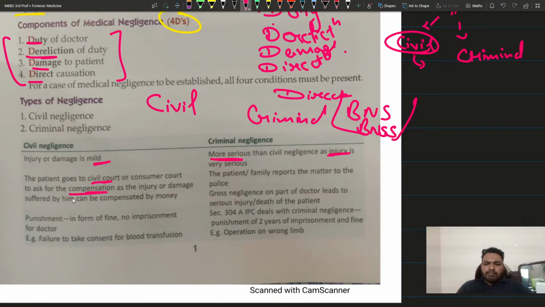He or she may ask for the compensation. But on the other hand, the patient or the family reports the matter to the police. Gross negligence on the part of the doctor can lead to a serious injury, where the patient is either dead or seriously injured. On the other hand, in civil negligence there are mild injuries.